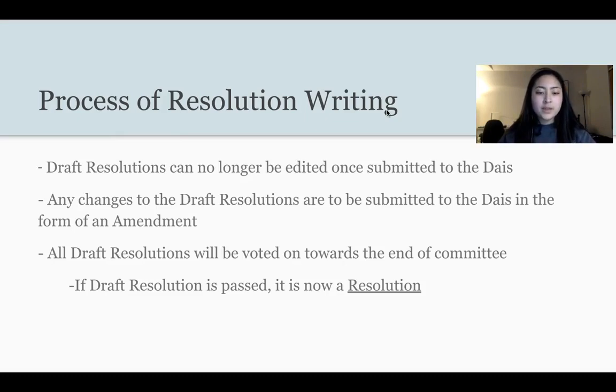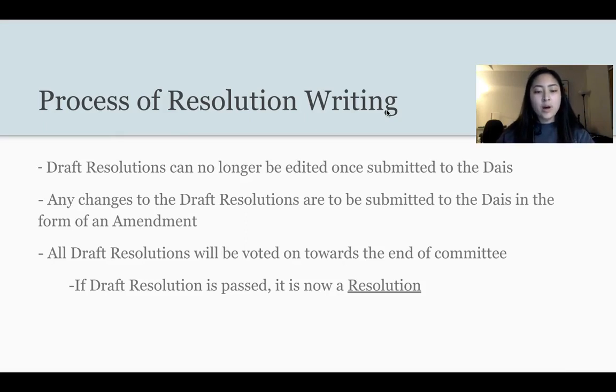After submitting any amendments to the dais, debate will close and you will go into voting block, where you will first vote on all the amendments for the resolutions. They will go over each of the amendments that working groups have submitted, such as taking out this operative clause or adding a sub-operative clause to operative clause blank, just minor changes like that.